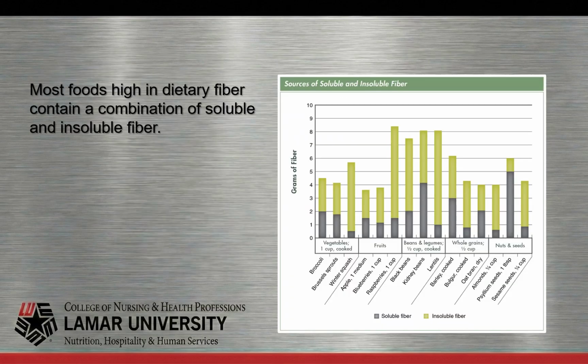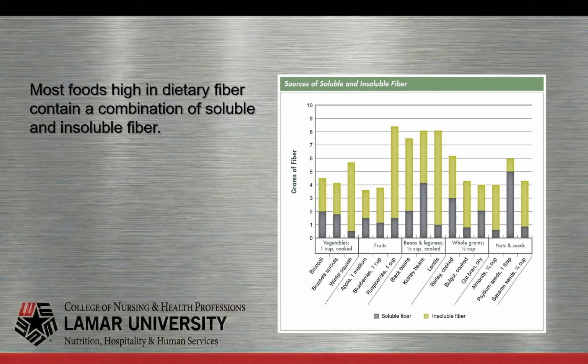Complex carbohydrates are mainly found in vegetables, fruits, legumes, and whole grains. The body prefers complex carbohydrates because they take longer to digest. As a result, glucose is released slowly and evenly in the bloodstream. Complex carbohydrates are also a source of dietary fiber. Most foods high in dietary fiber contain a combination of soluble and insoluble fiber.